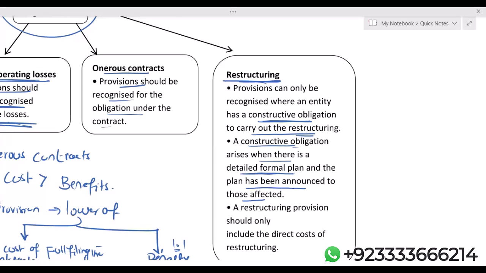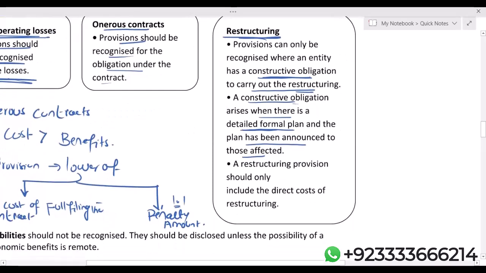So you will be recognizing a provision for the restructuring when there's a detailed formal plan and there's a public announcement to those who will be affected. A restructuring provision should only include the direct cost of restructuring. So the restructuring provision will only include the costs which are the result of restructuring.